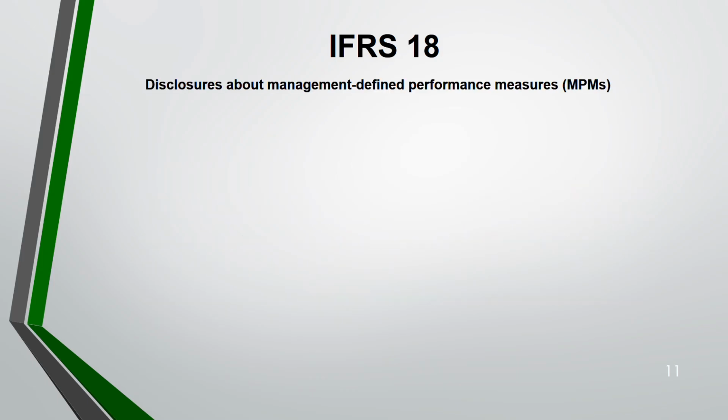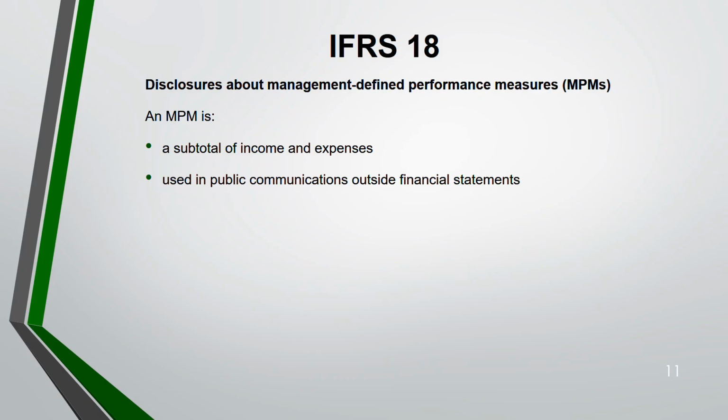Now, disclosures about management-defined performance measures. This section of IFRS 18 is relevant for SBR students, not FR students. What is a management performance measure? An MPM is a subtotal of income and expense used in public communication outside financial statements, not listed in IFRS 18 or specifically required by any IFRS standard.